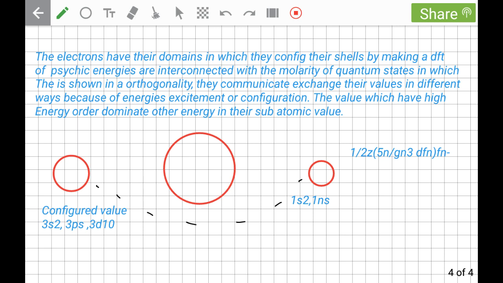So the energies which have the constituents of interconnection with the different energies which make the qualitative or quantitative value for all the energies dominate other values for the configurations.